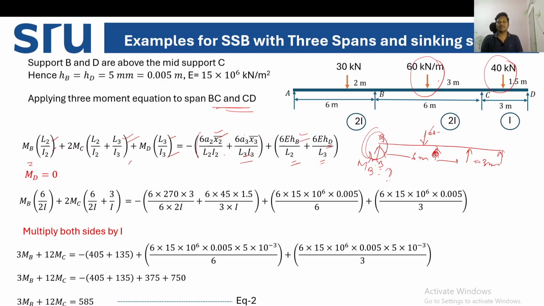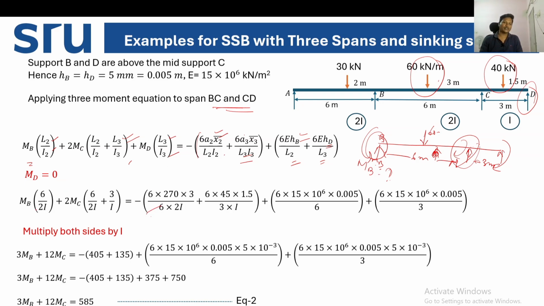So MC also has some value because it is also an intermediate support. So what about MD? Because it is an end support and it is a simply supported case, MD we can consider as 0. So the moment at the simply supported end is 0. So MD is equal to 0 we have considered.